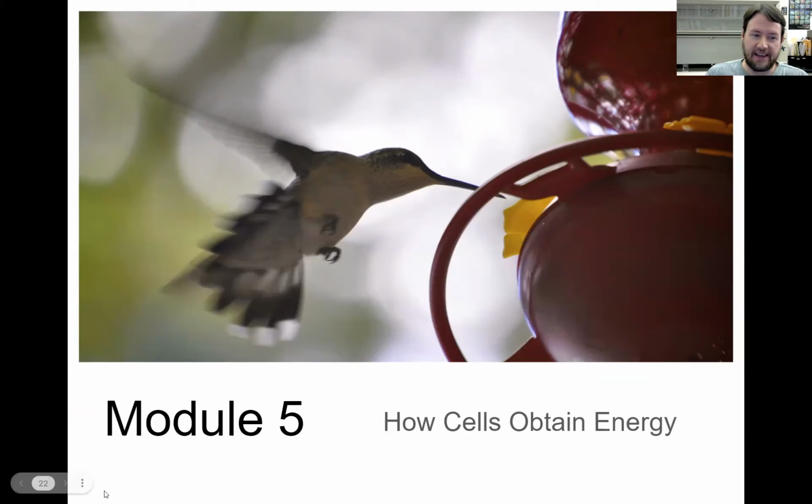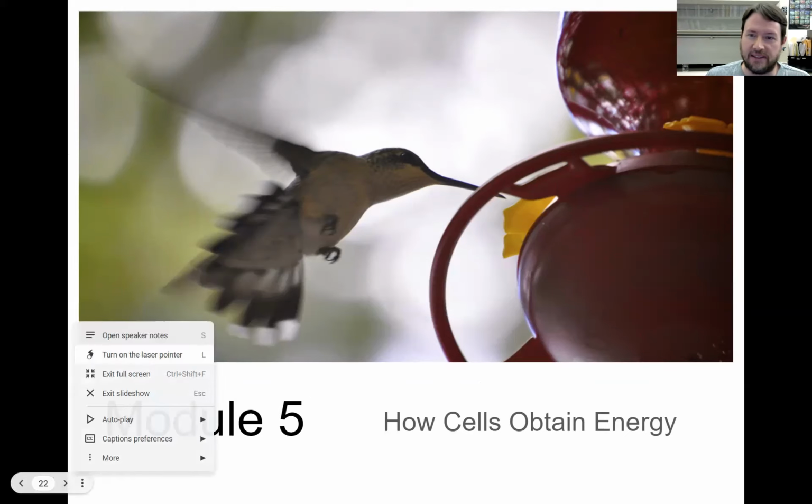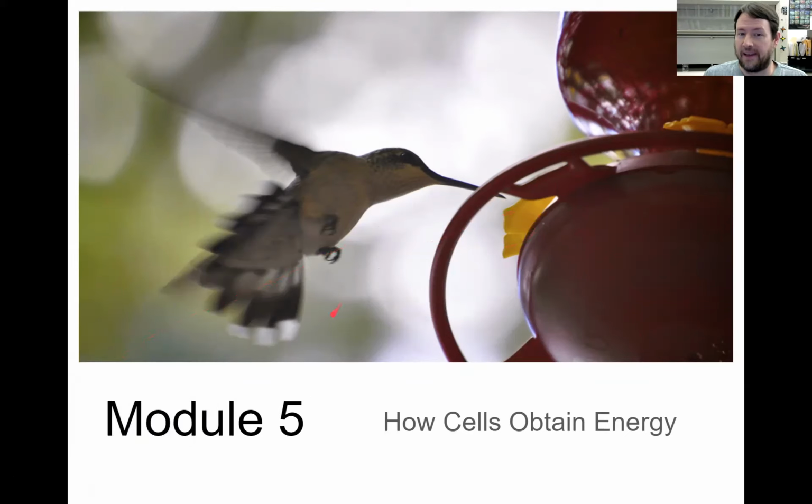What we see here is a hummingbird feeding on some nectar. It is a collection of cells that all need energy to survive. That hummingbird is at a very high metabolic rate. And so we're going to start to explore how energy behaves in living organisms.